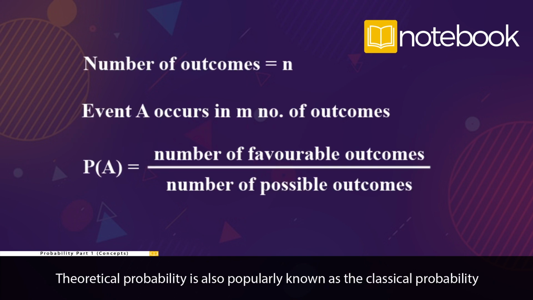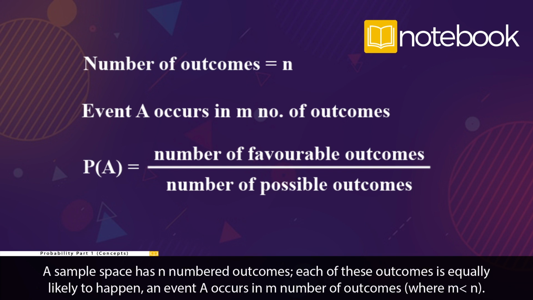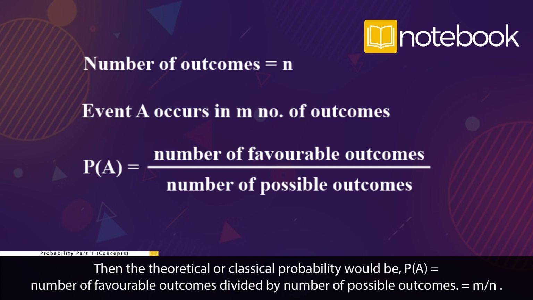Theoretical probability is also popularly known as the classical probability. A sample space has n numbered outcomes. Each of these outcomes is equally likely to happen. An event A occurs in m number of outcomes, where m is less than n.